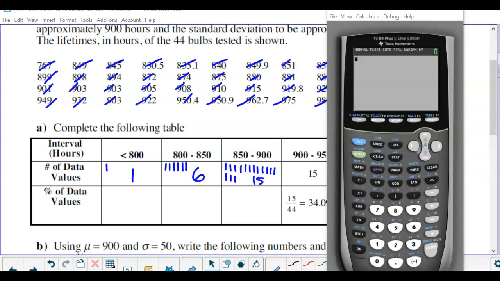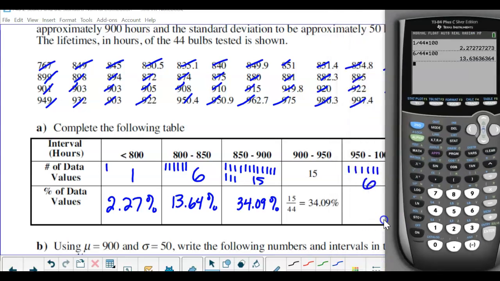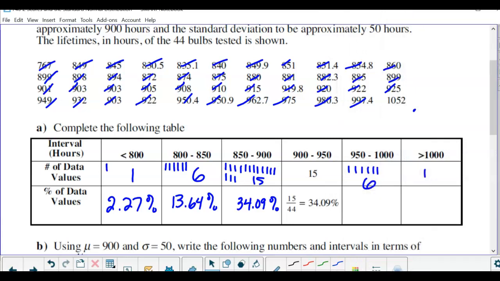Okay, so 44 data values, so 1 out of 44 times 100, to 2 decimal places, is 2.27%. 6 divided by 44 times 100 is 13.64%. This would be the same, because it's already calculated for you, for these ones.